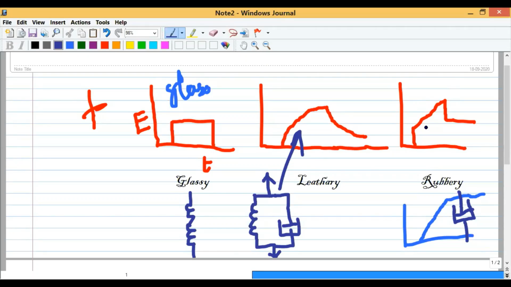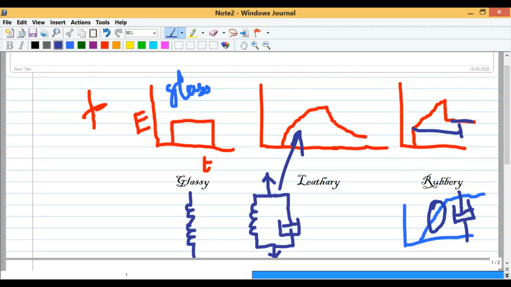Now what can you say about this? Rubbery material. How can you combine them? See the physical interpretation of this. How does your strain vary with respect to time? Initially, the moment you have provided the deformation, the same deformation is also more than this. So it is a permanent deformation. That's why here is the combination in series, and it is also showing this straight part over here.